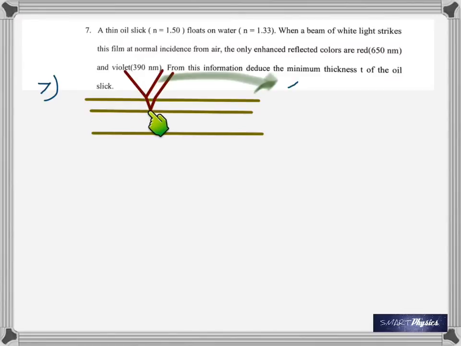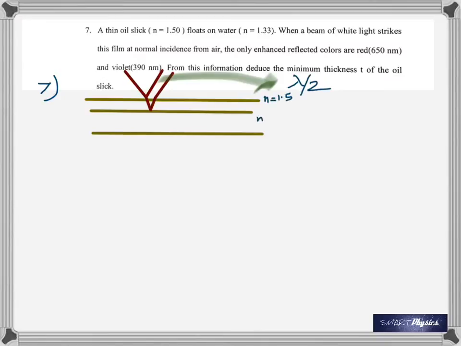But the second reflection takes place when it's going from oil into water. Oil has a higher refractive index and water less, so that reflection takes place when it's going from more dense to less dense. What does that mean? That means there is no additional path of lambda by 2 here, but there is here.